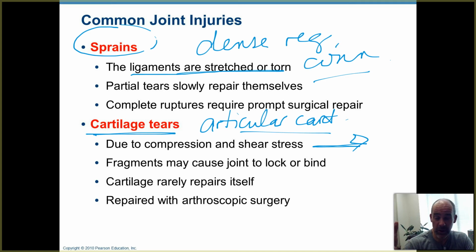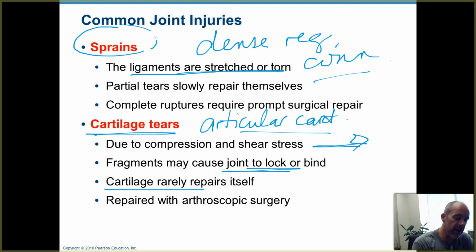Sometimes pieces of the cartilage can tear off and wind up in the joint cavity inside the synovial fluid and can cause the joint to lock or bind up, so that would reduce the movement that you would have.